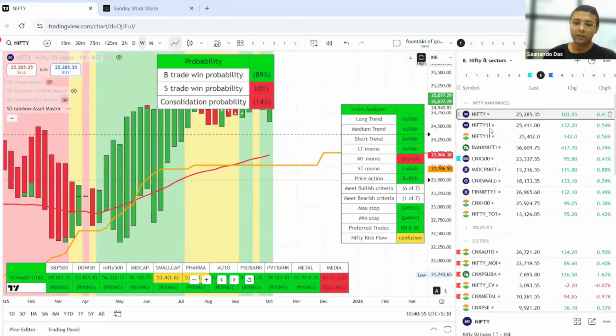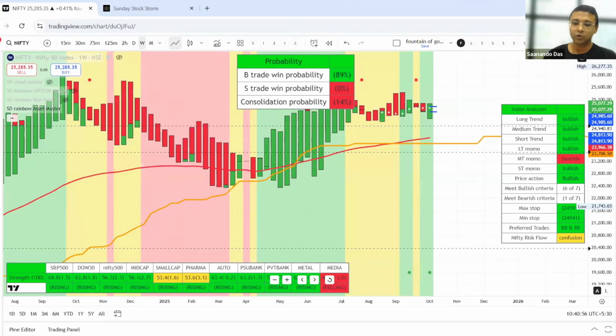I'll once again go back to the Nifty chart and look at it through the weekly lens. Once again, bullish, with 89% win probability in the weekly chart. So the market has significantly turned bullish as per my reading, even though we can get some short-term volatility because of this latest tariff announcement by President Donald Trump.